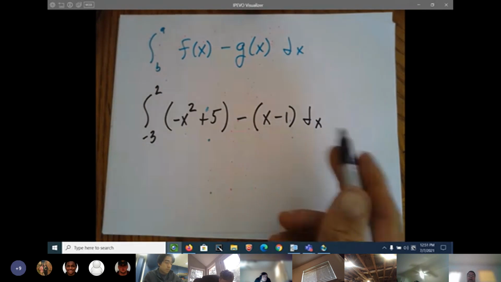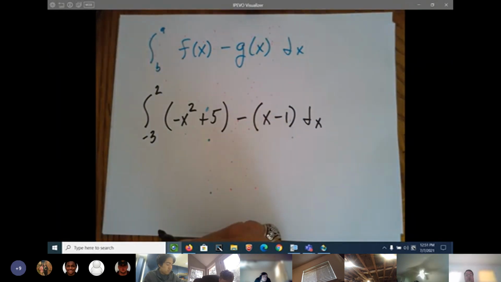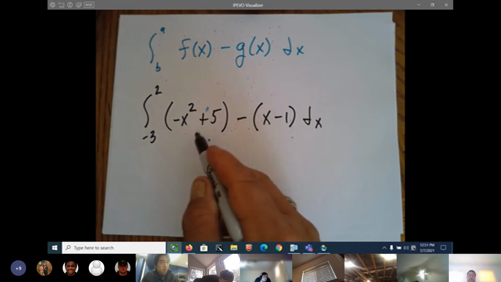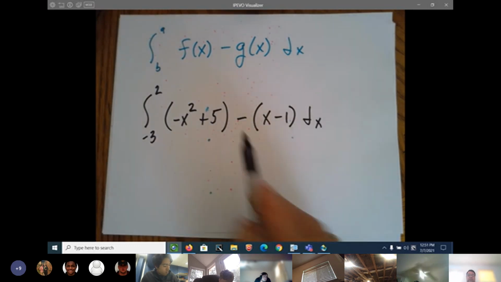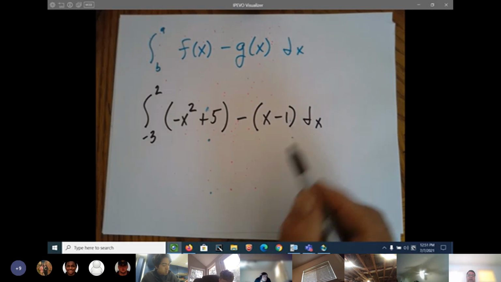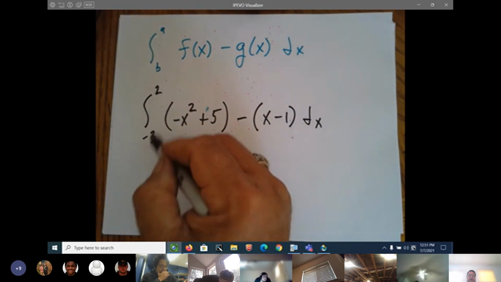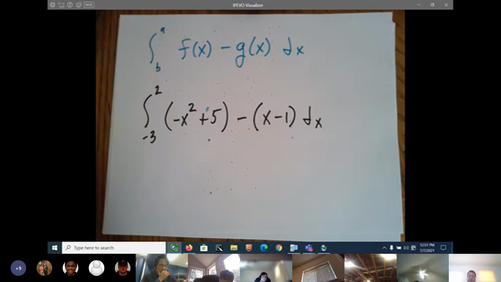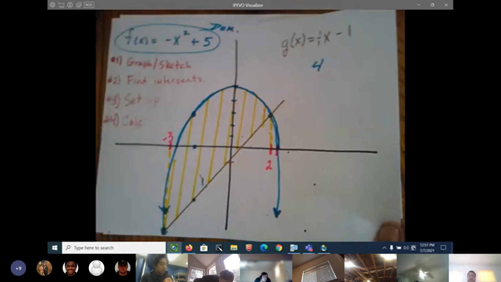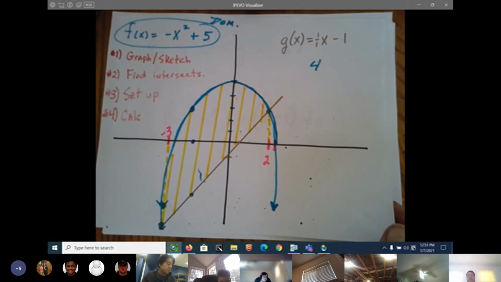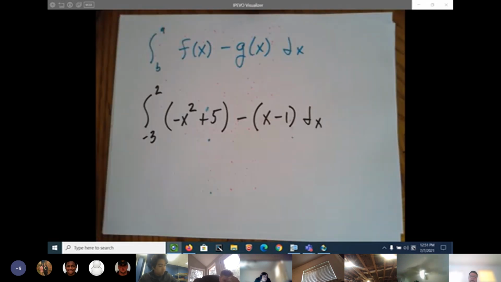Now I want you to combine. You're going to use the power rule. You're not going to use substitution because it's just adding and subtracting. And plug and chug and evaluate and give me the area of the yellow stripes. Give me the area for that yellow area. Go ahead and get to work. Give you a minute.